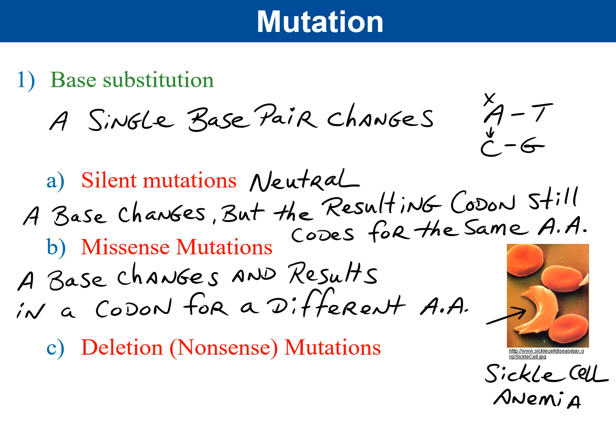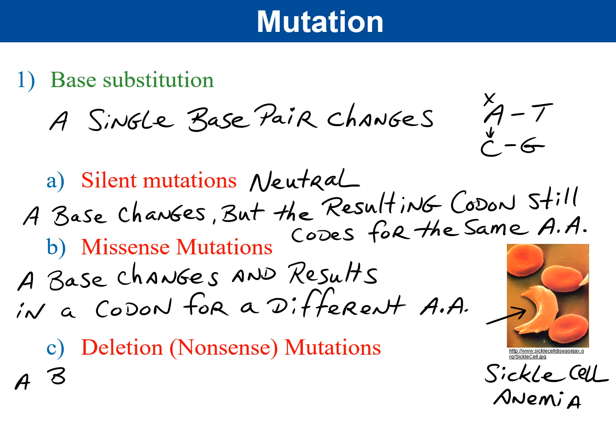And thirdly, we have deletion mutations, also referred to as nonsense mutations, and these are arguably the most serious, and in fact, in most cases would be lethal. A deletion mutation is where an unexpected stop codon pops up.